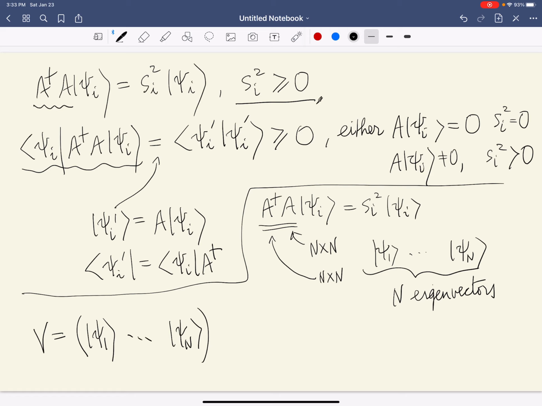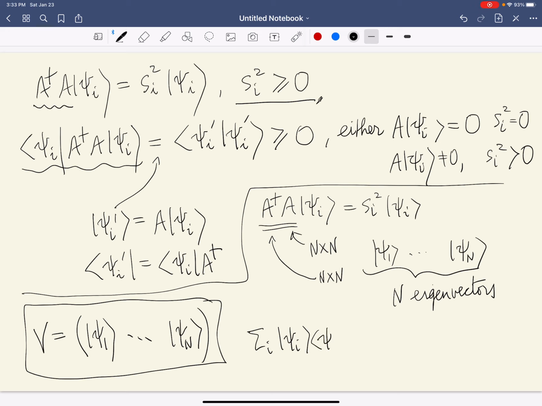By stacking up these n different eigenvectors, we come out with some sort of unitary matrix, and I will call that V. And like any complete set of eigenvectors of a Hermitian matrix, they also satisfy this completeness relation.